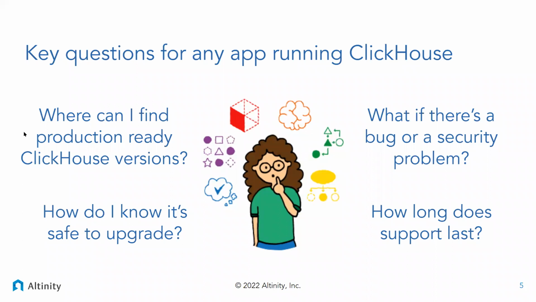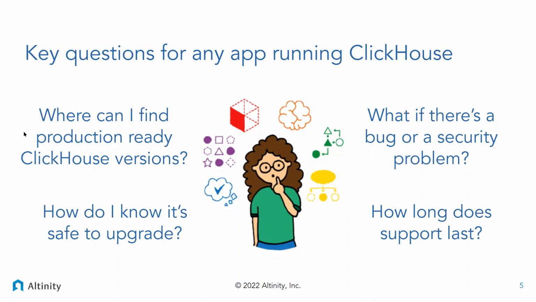Our goal with these releases is to answer a number of practical questions. For example, where can I find a production-ready version of ClickHouse? I don't want to just download any old version. When I pull this from, for example, the Ubuntu repo, I want something that's ready for deployment and will be robust and as far as possible bug-free.